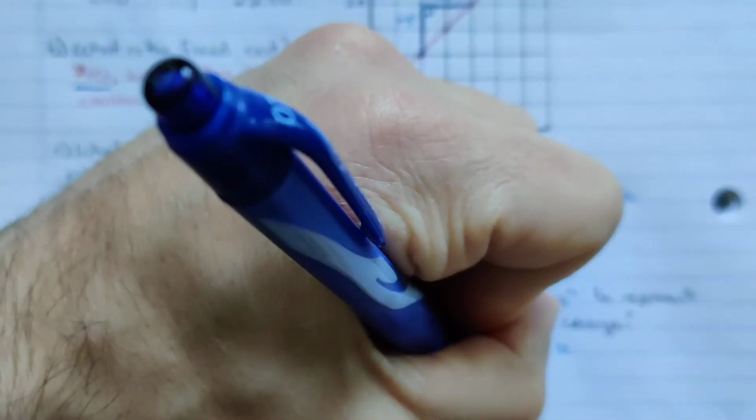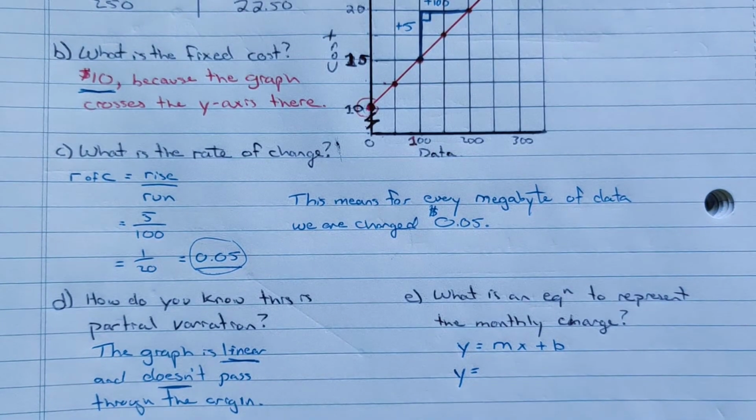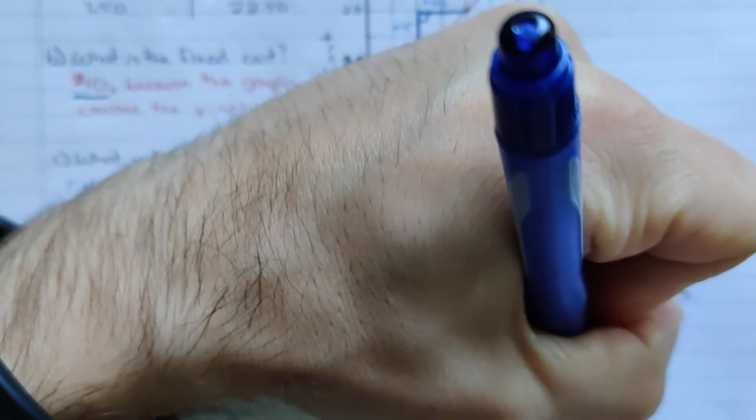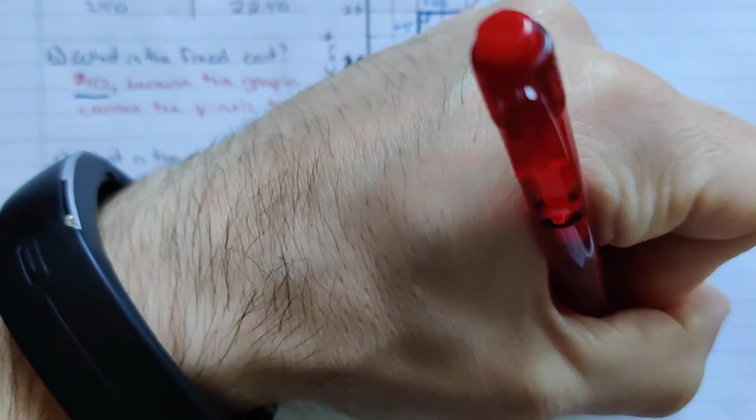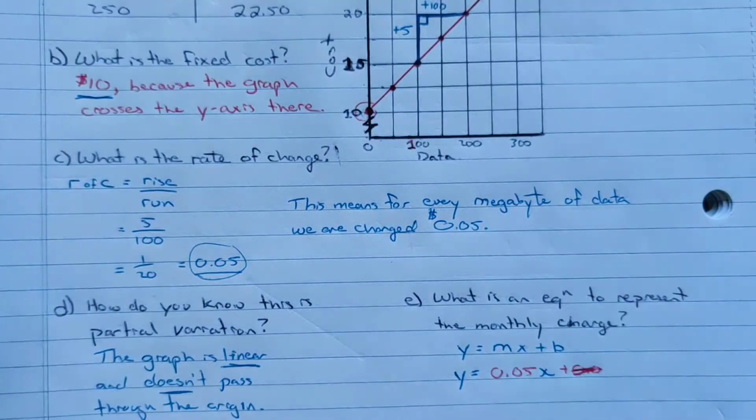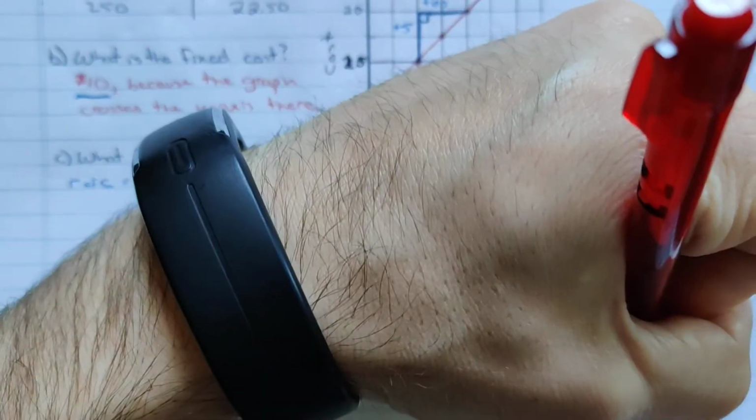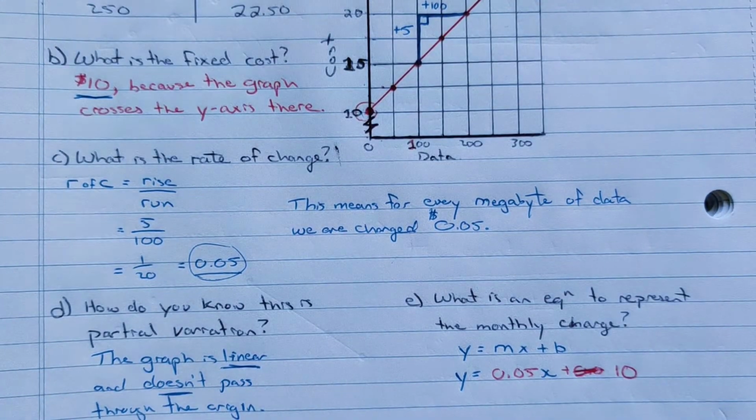So our equation, y equals 0.05x plus 10.